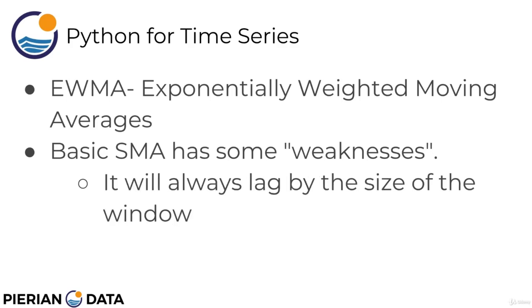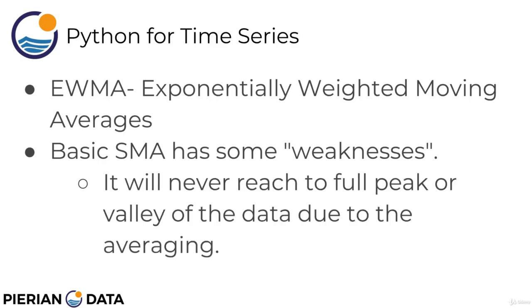And unfortunately, with SMA, you're always going to lag by the size of the window. You never end up reaching a full peak or valley of the data due to that averaging. If you look back at that chart we just showed, you'll notice that it's really hard to get a window size that fills up those peaks and valleys for seasonal data, even if you choose very small windows.